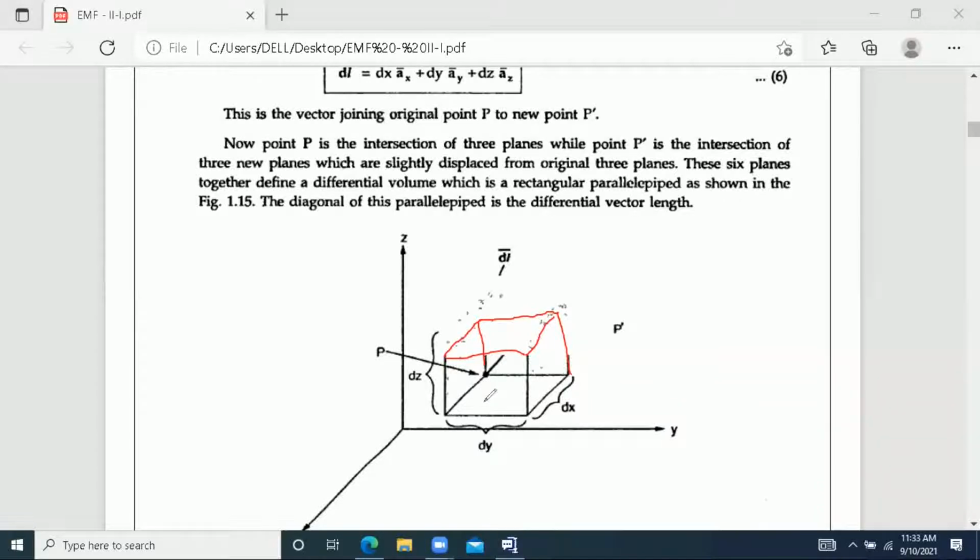So this one surface here would be xy in the ax direction.